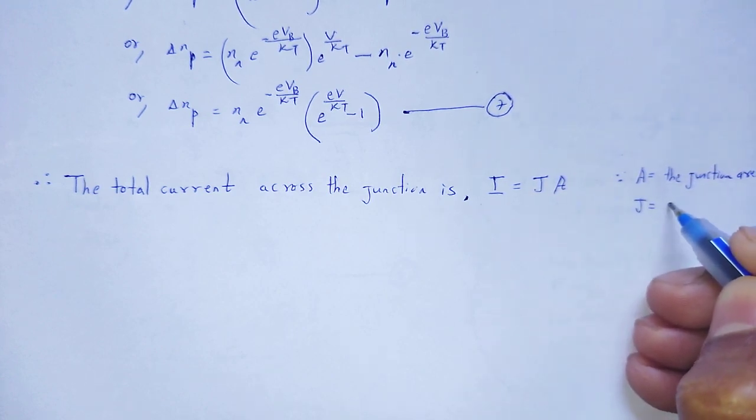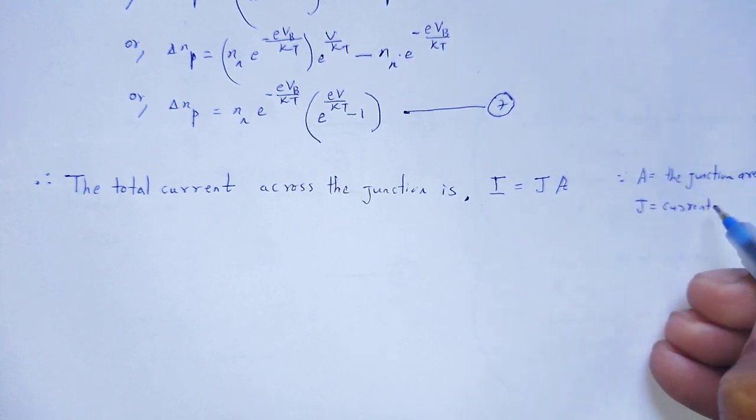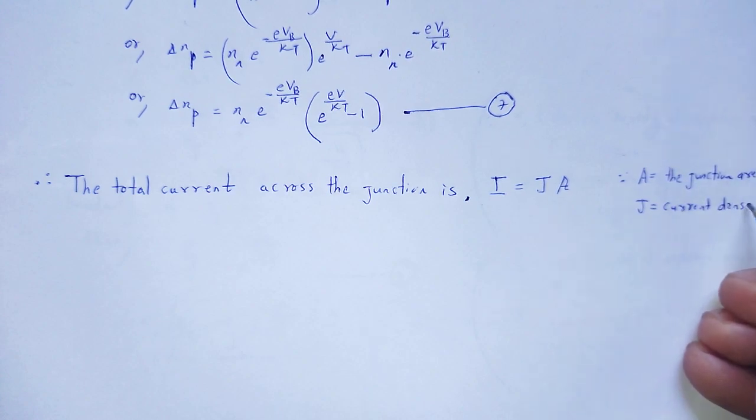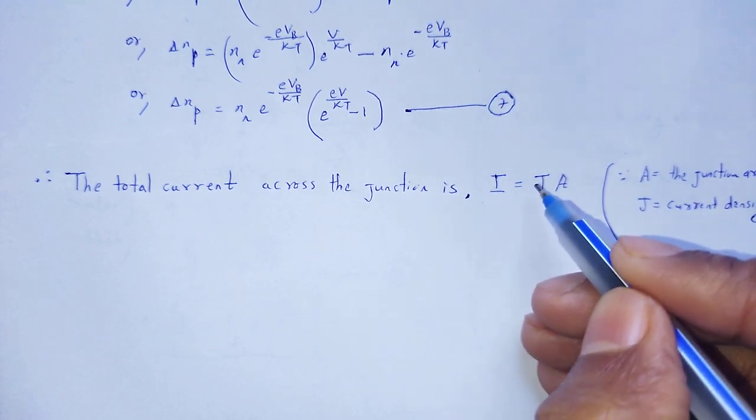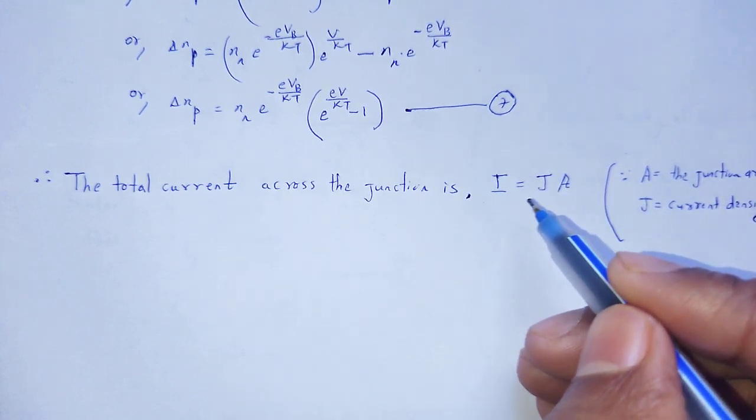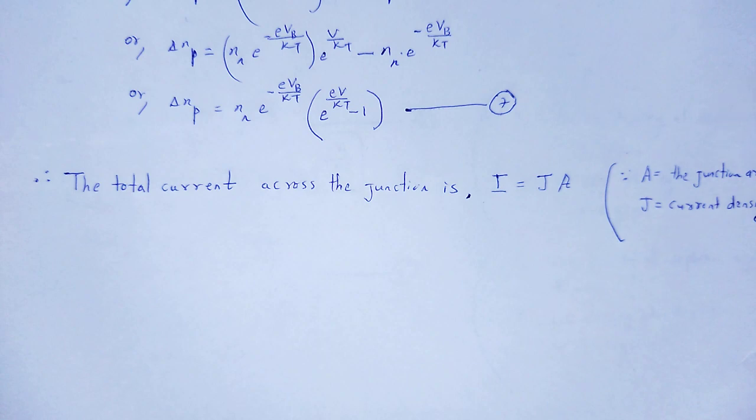J, current density, is equal to current per area. So, current is equal to current density into area.